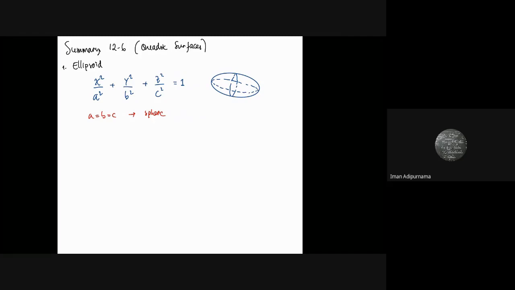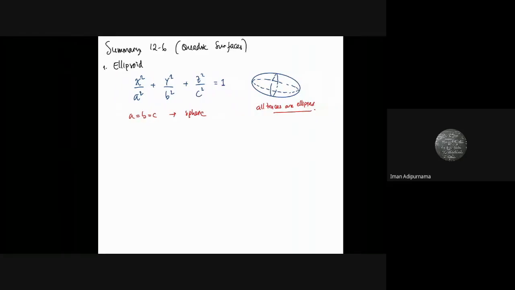So all traces are ellipses. If you see any of this kind of equations, the structure is similar like this. What you need to do first is ignore one part, and you'll see the conic section, an ellipse. And then do it again for the other parts. You'll see another ellipse, and you do it for another part, and you'll see the same ellipse. Right? This is the easiest one, I think.